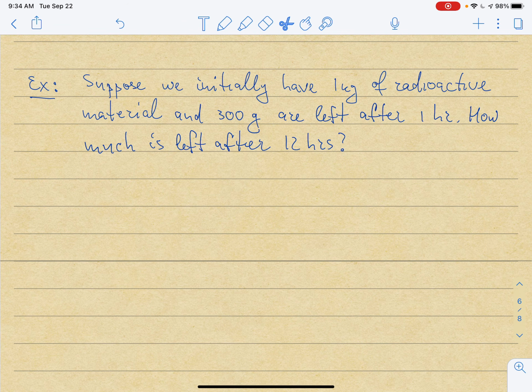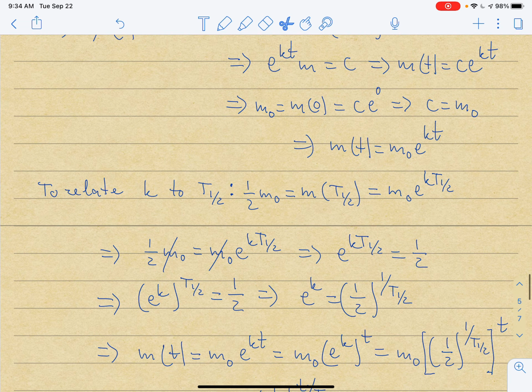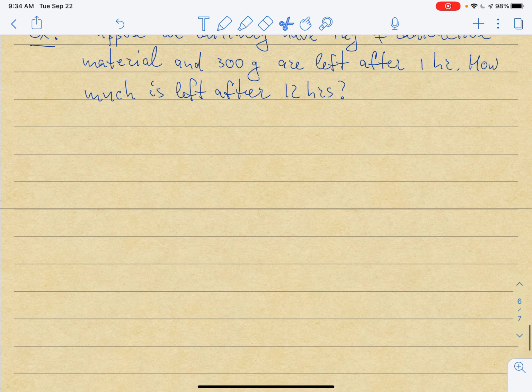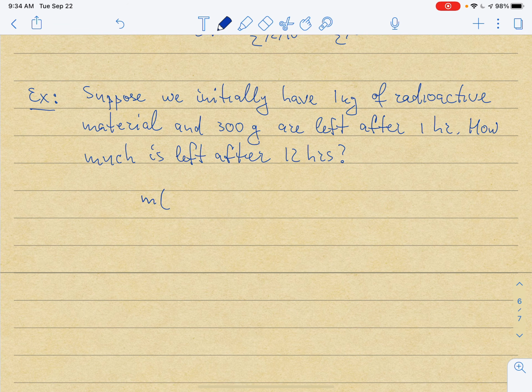So my choice, again, is to use two different formulas, either the formula with a half-life that we have here, or the formula with K that we have up here. And I'm going to use a formula with K because in this case half-life is not given to me, so it would be difficult to use the formula with half-life. Let's use this one. So I know that m of t is m0 e to the kt. K I don't know, but m0 I know.